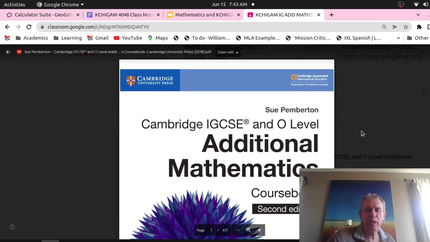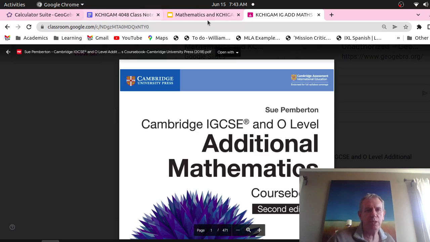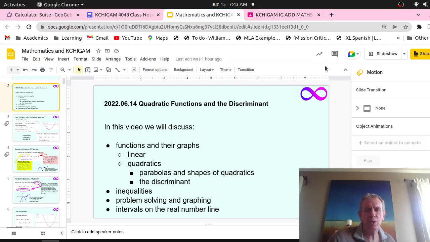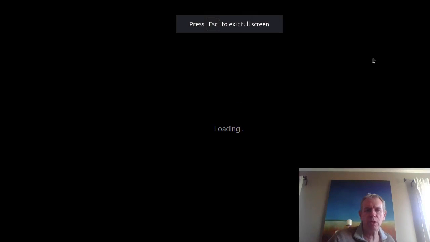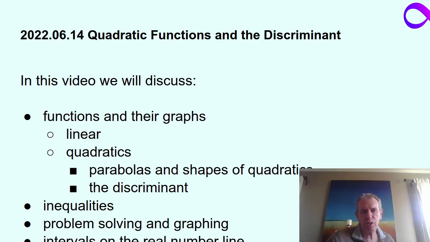We're going to look today at quadratic functions in particular, and this concept called the discriminant. Some of the things that I hope to cover today are functions and their graphs again, in particular linear and quadratic functions and their shapes.